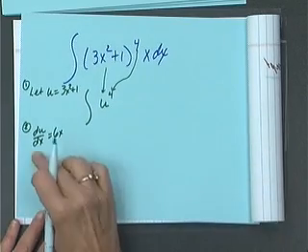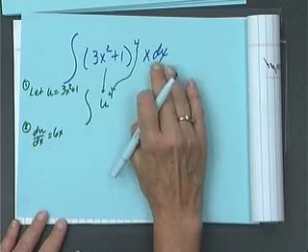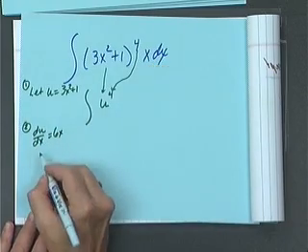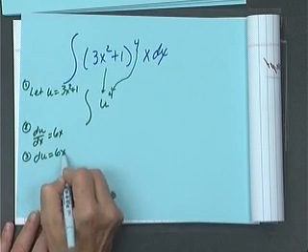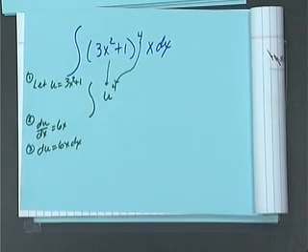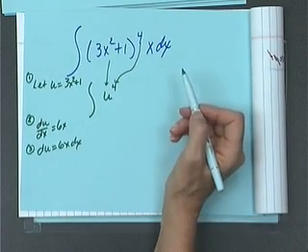My goal is to get a dx. I don't want a dx in the denominator, because I've got to make some substitutions over here. So the next step, of course, is to say that du equals 6x dx. We just multiply both sides by dx because I need a dx in the numerator.